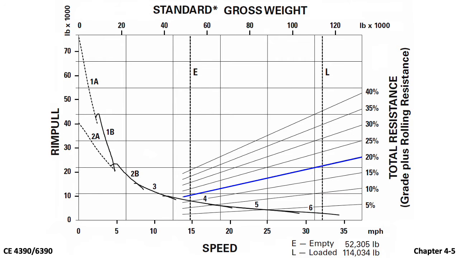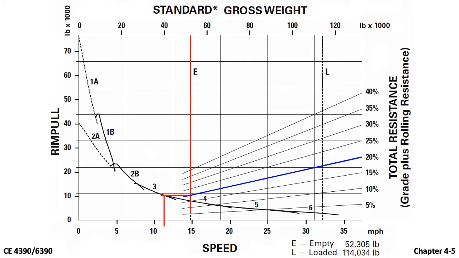First step, you need to find the inclined line corresponding to the total resistance. So let's assume a total resistance of 20%. Next step, you draw a vertical line at the total weight. So let's assume that the truck is empty, so the vertical line is exactly at the E line. Now you find the intercept between these two lines. At the intercept, you go horizontally until you meet the gear curves.